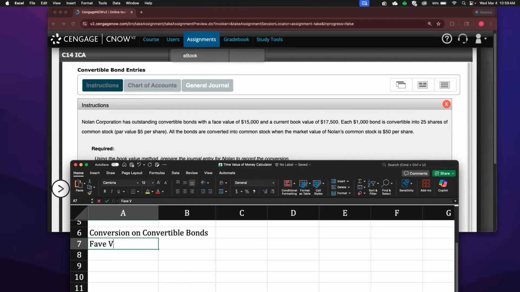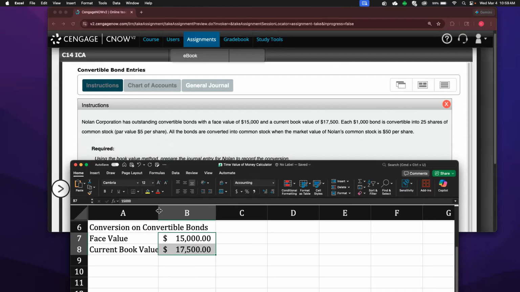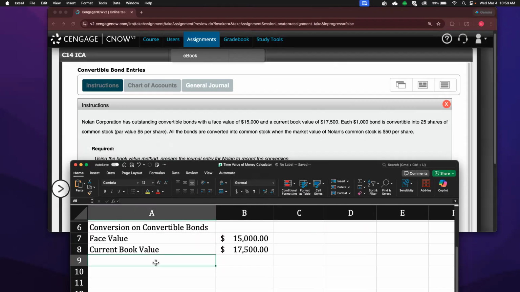We have a face value of 15,000. We have a current book value of 17,500. Since the book value is higher than the face value, there must be a premium. So we're going to do premium.